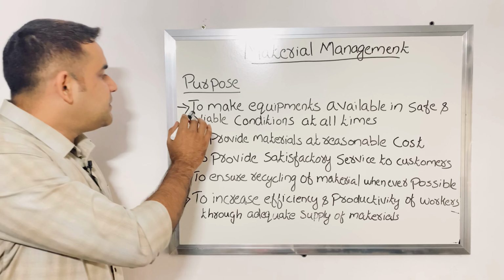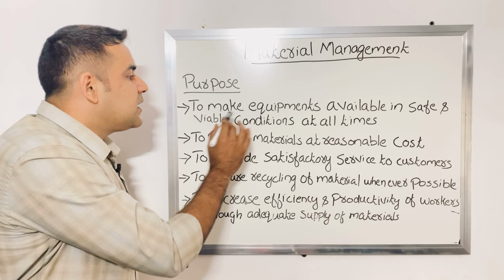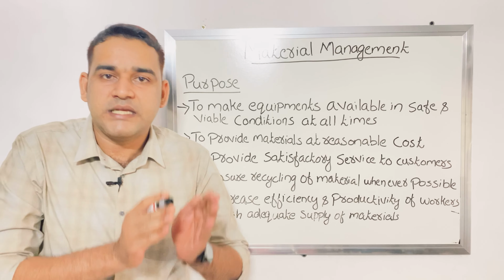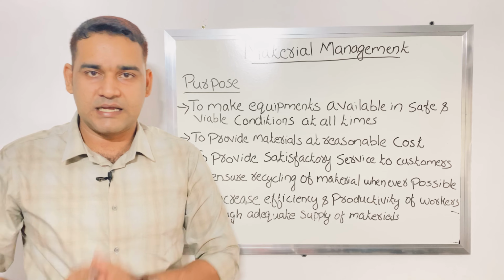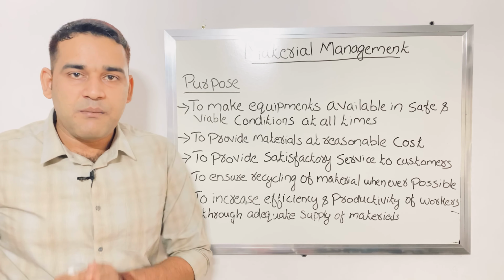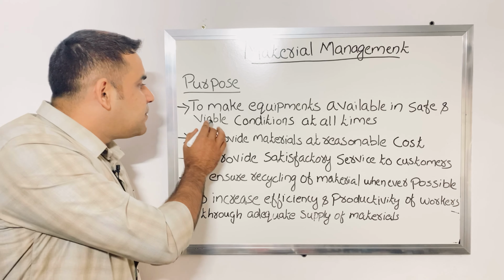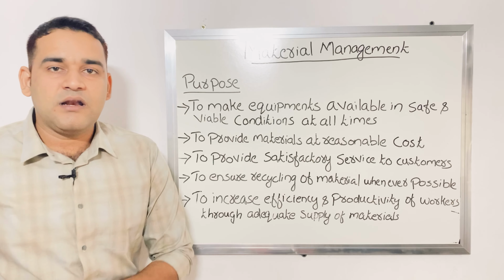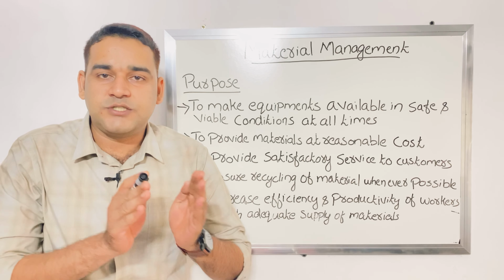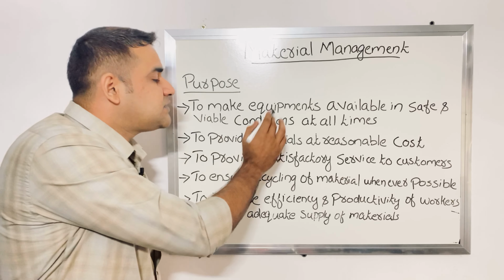Every time the equipment or the materials, that is the ventilator or the oxygen cylinder, should be available in safe condition, that means without any damage or any problem, and viable, that means workable condition, at all times. Whenever you want to use it, it should be available in safe as well as in working condition. It is one of the purposes.